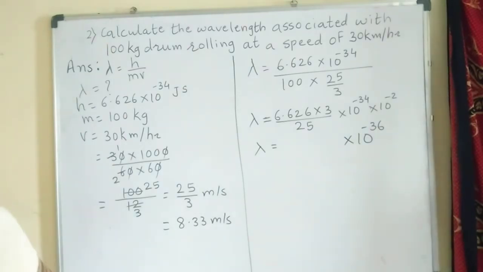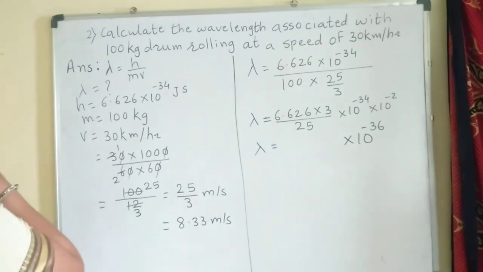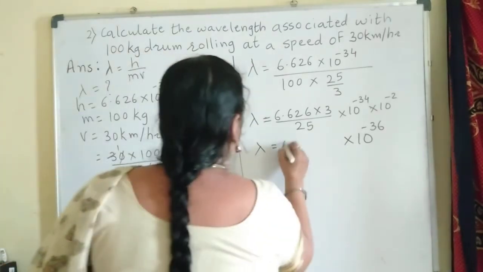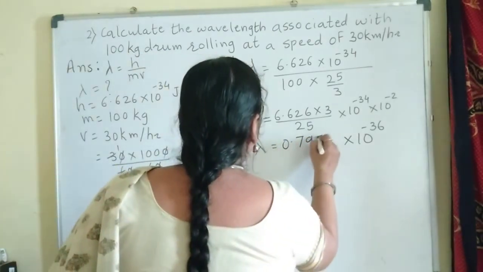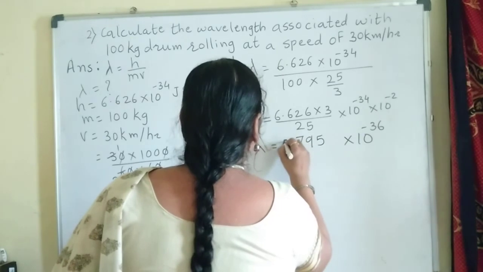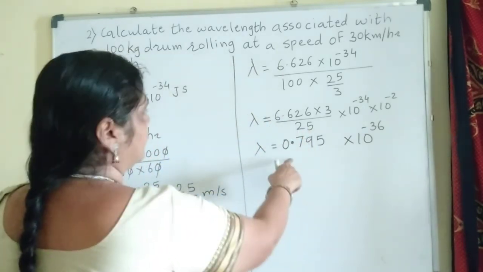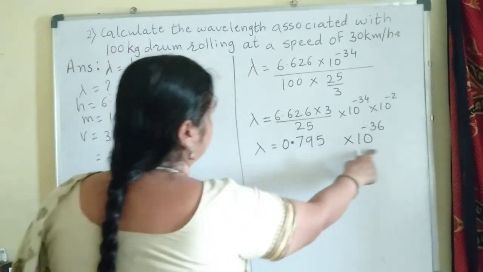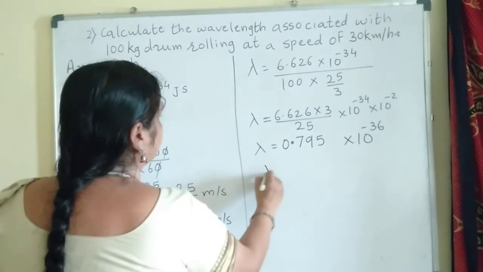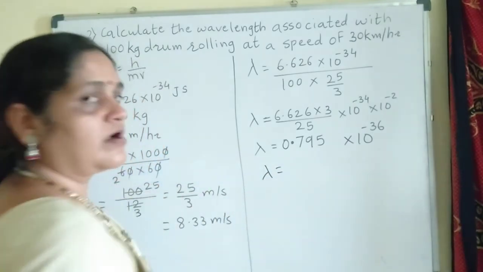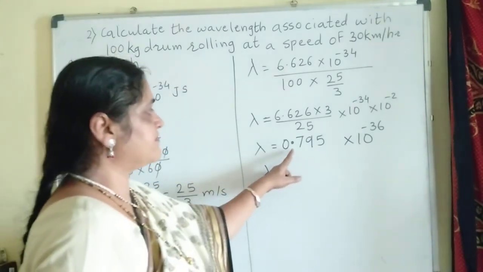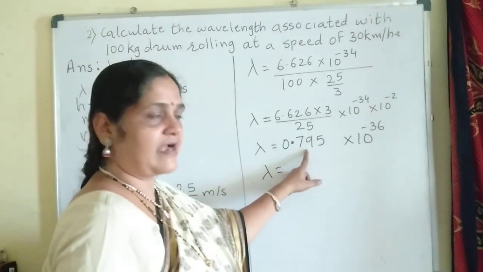The answer for 6.626 into 3 upon 25, I am not going to do here in detail. I will write the direct answer, that is 0.795. If you are going to solve this numerical part, you will get the answer 0.795 into 10 raised to minus 36. So lambda is equal to, again you are going to shift the decimal place to the right hand side.